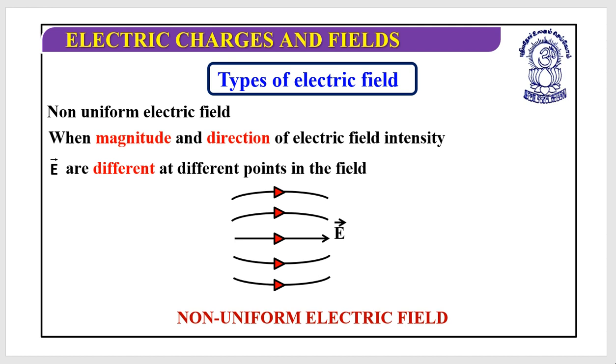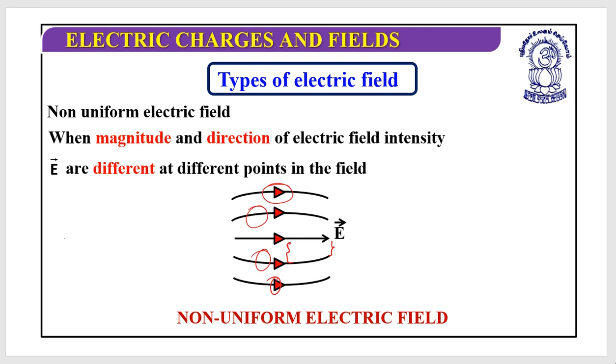Now what are the non-uniform electric fields? When the magnitude and direction of electric field intensity are different at different points, then the electric field is said to be a non-uniform electric field. Now look at this. Here the direction is changing. Here the direction is changing. Even the separation is changing. Look at this separation and this separation.